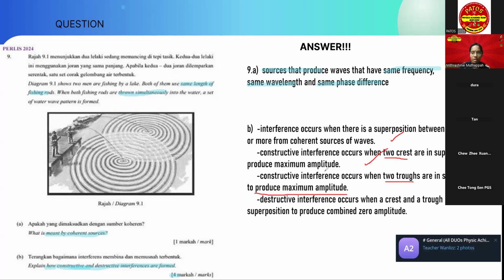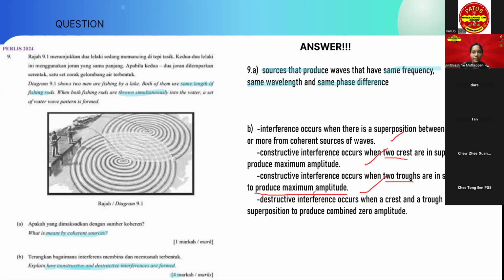It's the same, but since there are two different components, we are stating these two separate definitions. So far we have gotten 3 marks.